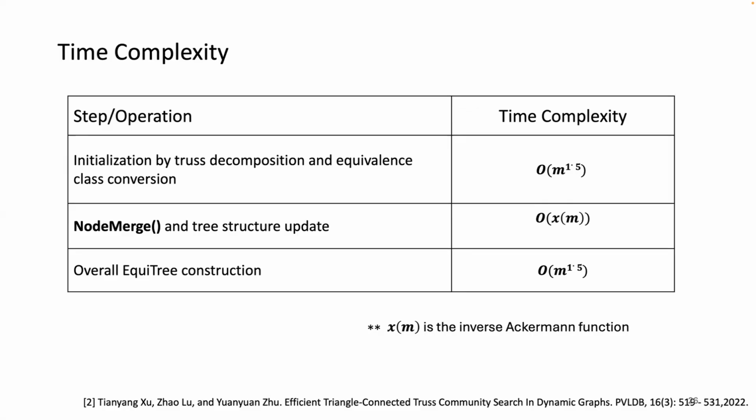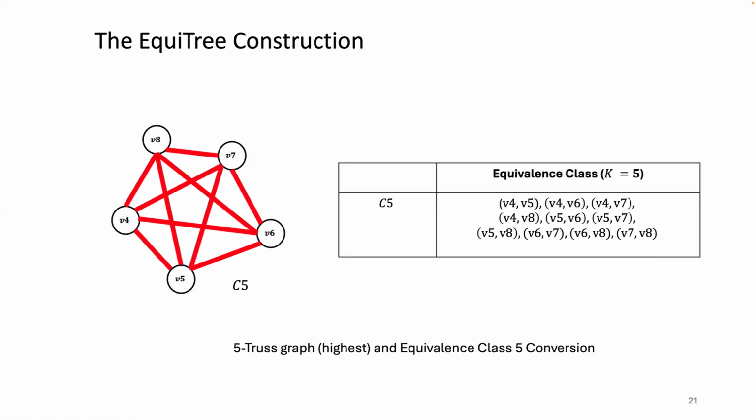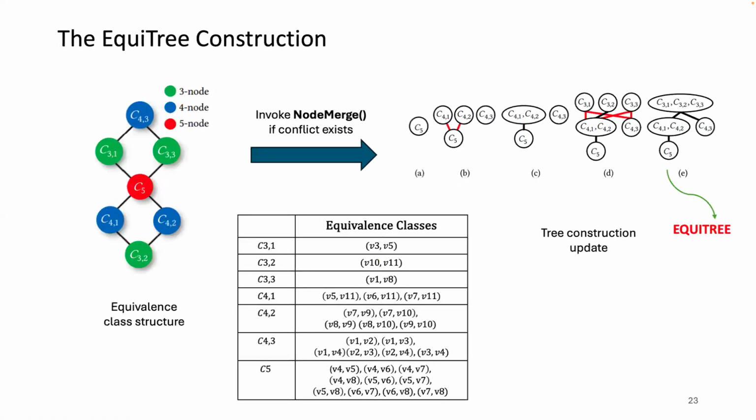So when we get the equivalence class, like I explained earlier, can I go back? Yes, so this is the section for the node merge. Like I explained earlier, we start with the highest class, that's C5.